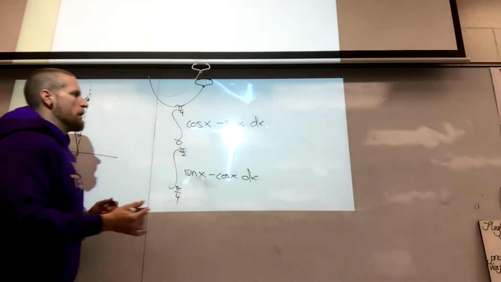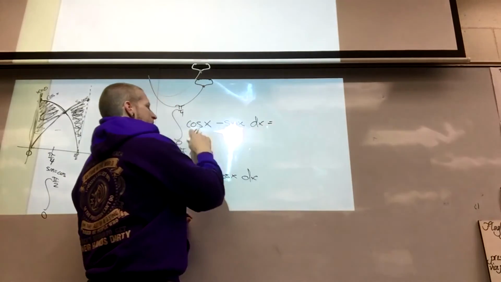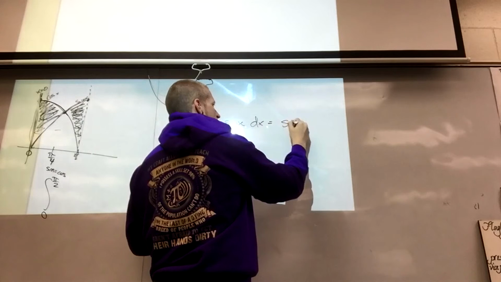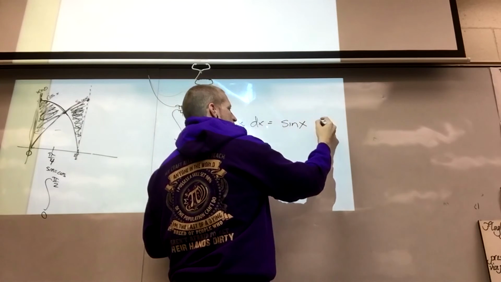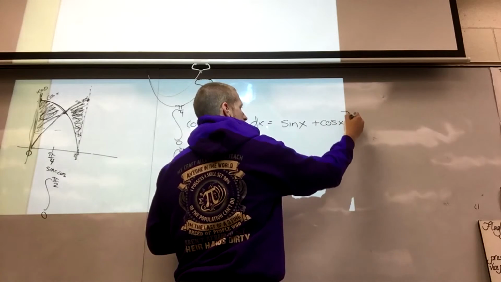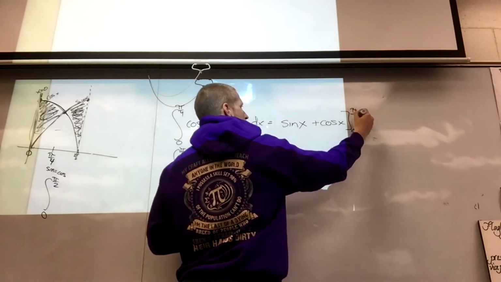All right. What's the antiderivative of cosine? Sine. So this is sine x, and the antiderivative of sine is negative cosine, yeah? So plus cosine x, from 0 to pi over 4.